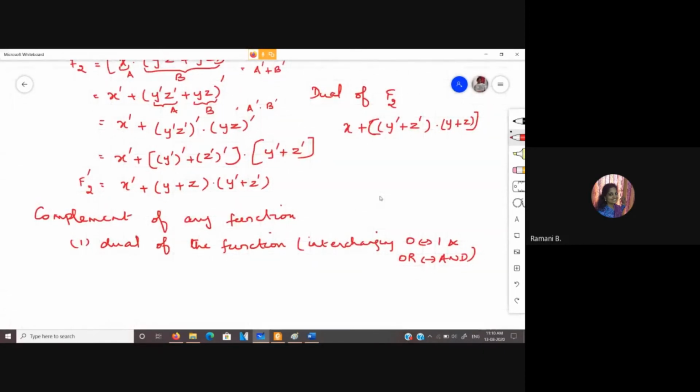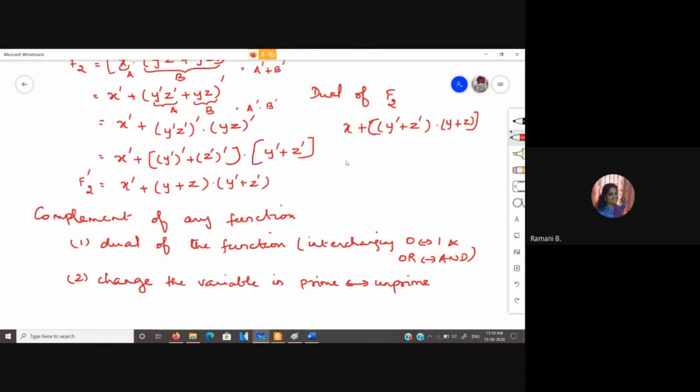Next thing you need to do is change the variables, interchange prime with unprimed and unprimed with prime. We call this bar as the prime symbol, as I said yesterday.